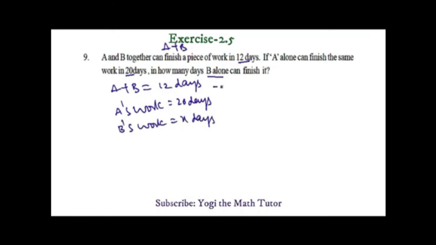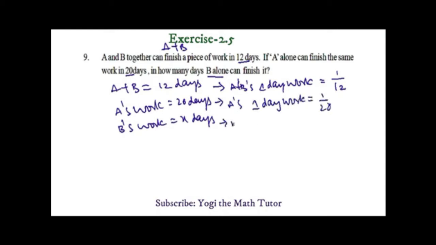Now A plus B's 1 day work will become 1 by 12, and A's 1 day work will become 1 by 20. Then B's 1 day work will become 1 by x.